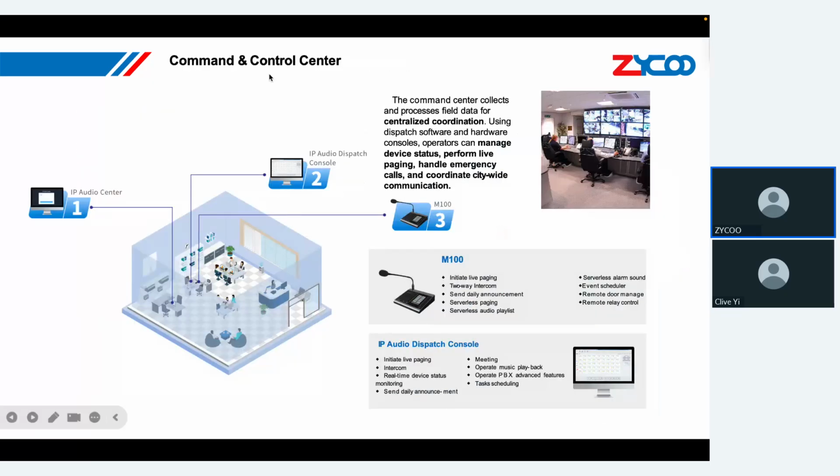And another one is the command and control center. This place is usually where the data is collected and processed. That's why we recommend our dispatch software and hardware consoles so that operators can manage the device status, even adjust the volume, perform live paging, handle emergency calls, and coordinate citywide communication.